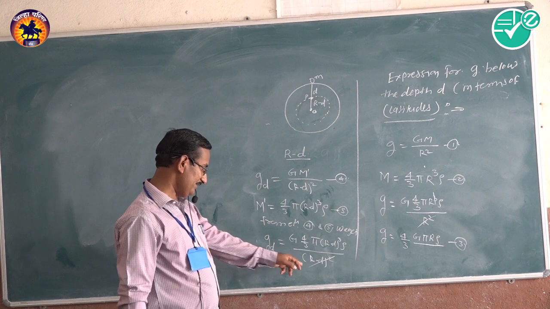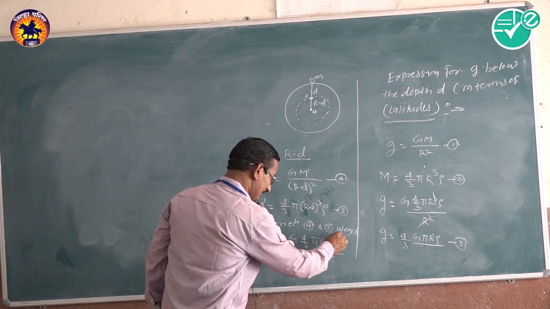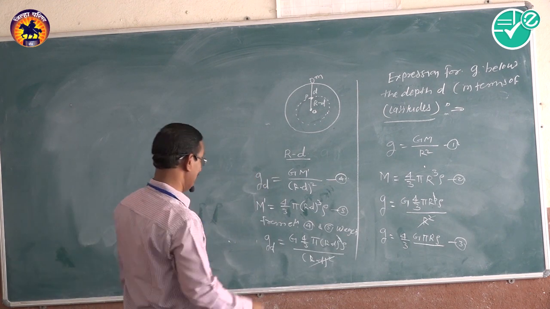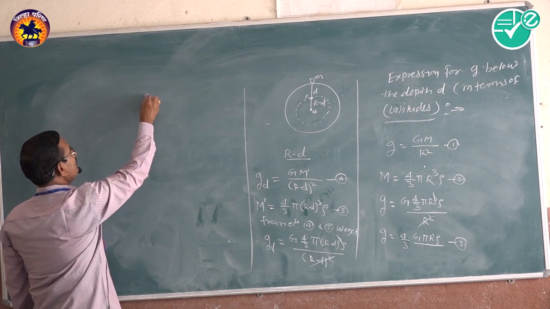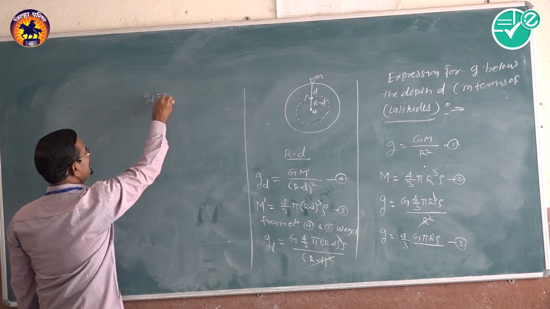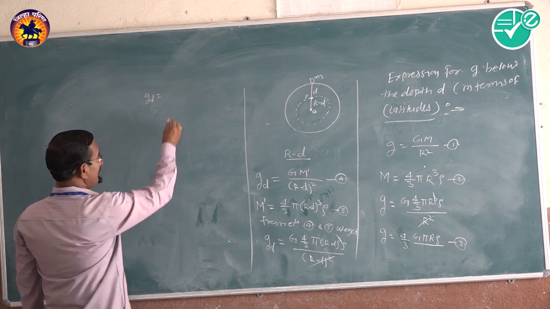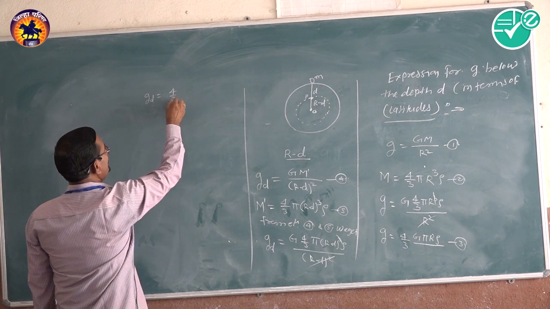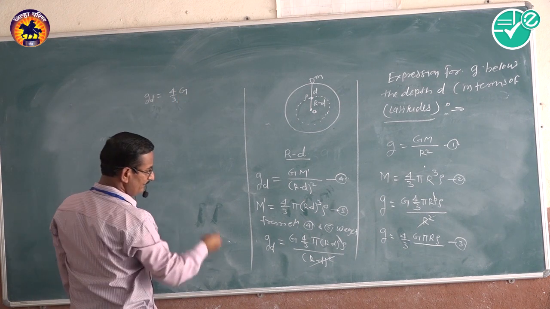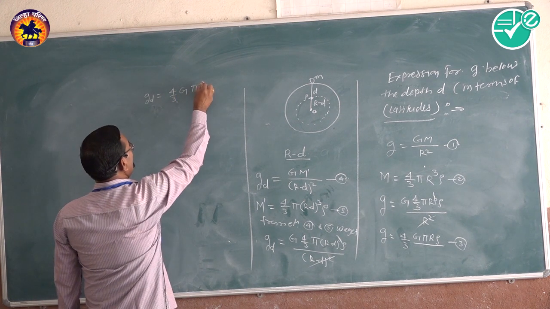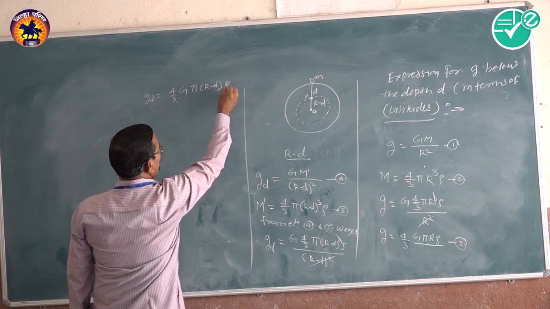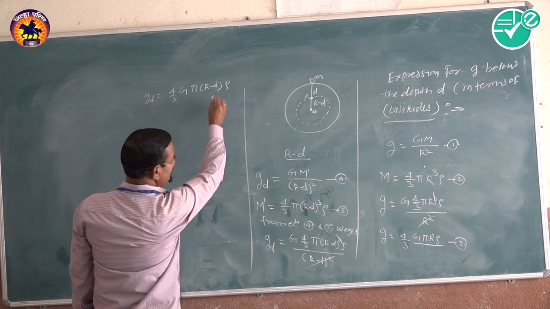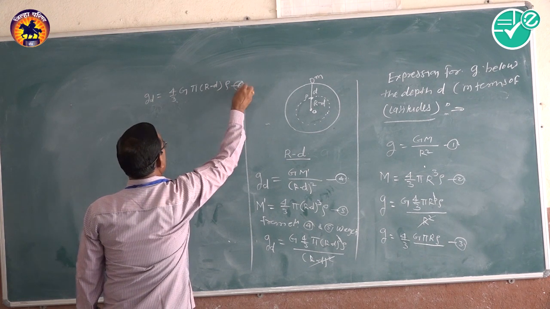Here (R minus d) whole square and this square get cancelled, and the remaining thing is small g d is equal to 4 by 3 G pi (R minus d) into rho, that is equation 6.